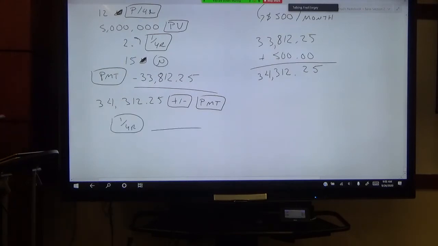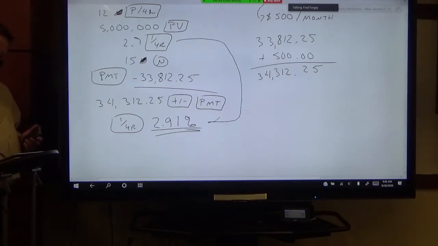Resolve for the interest rate. So basically, they go from a 2.7 to a 2.91 interest rate.